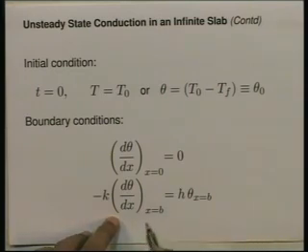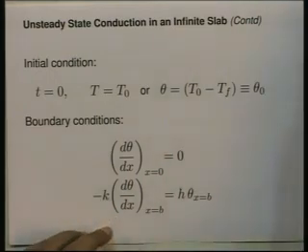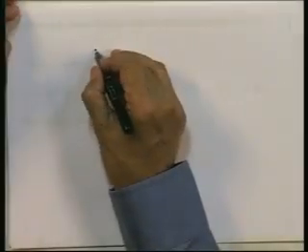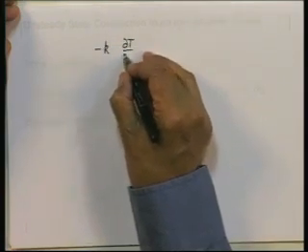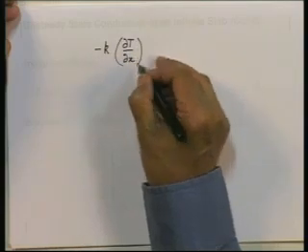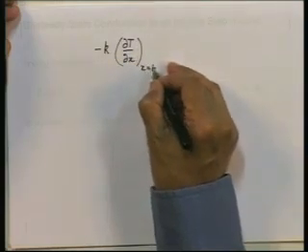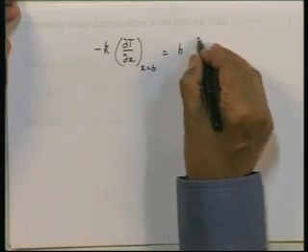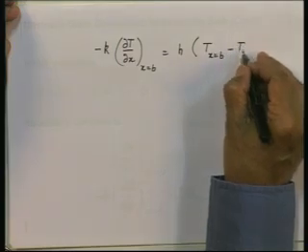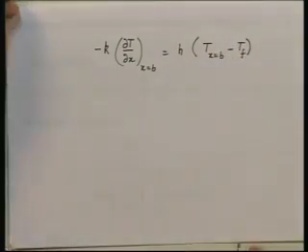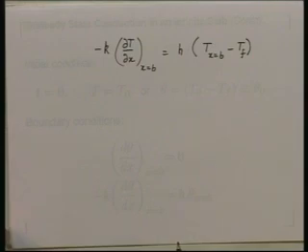Now, instead of writing the full condition like we wrote earlier, if we write it in terms of T, it would have been minus k, the partial of T with respect to x at x equal to b, is equal to h times T at x equal to b minus Tf. That is the boundary condition in terms of T.